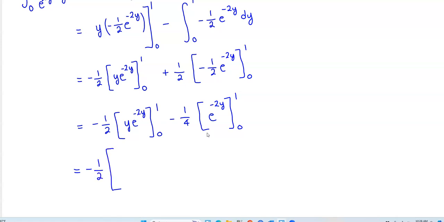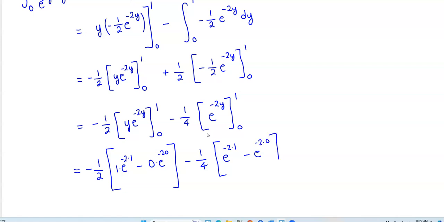So we have 1 times e to the negative 2 times 1 minus 0 times e to the negative 2 times 0, minus 1/4 times e to the negative 2 times 1 minus e to the negative 2 times 0.